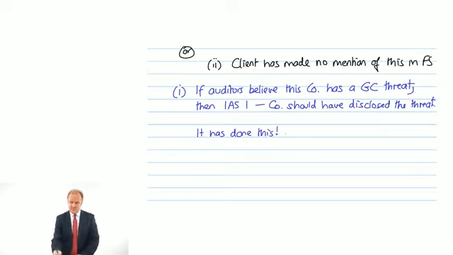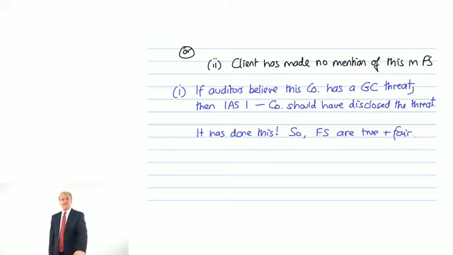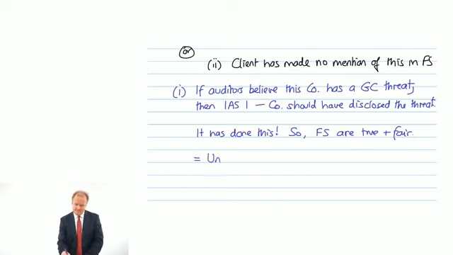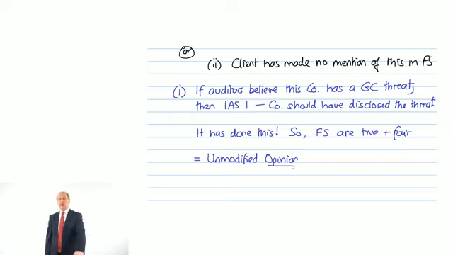And since it has done what it's meant to have done, the financial statements are true and fair. And if the financial statements are true and fair, the opinion in my audit report will be unmodified.